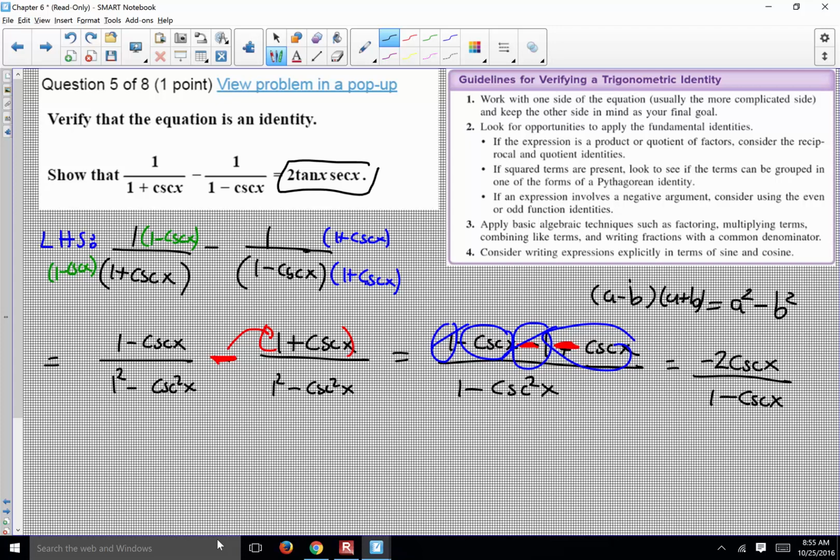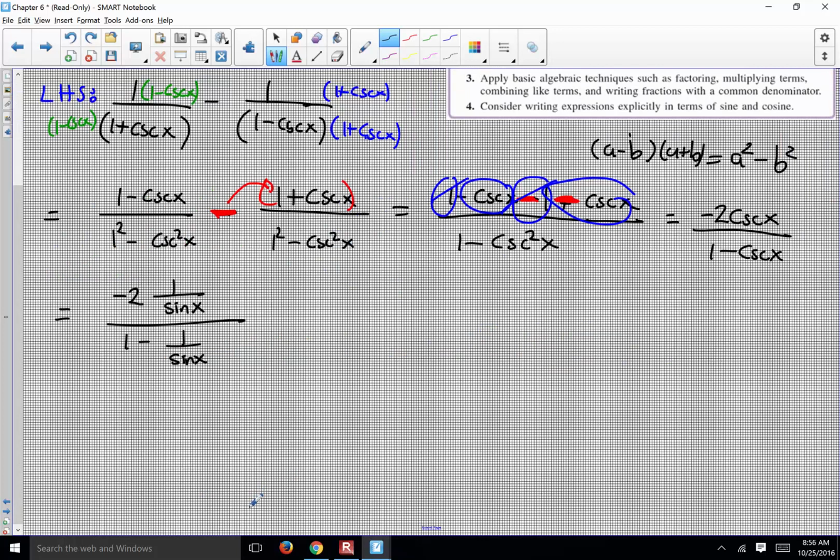Here is the time to change cosecant into 1 over sine. Let's do it. Isn't a squared like the, oh yeah, thank you. Yes, important mistake.